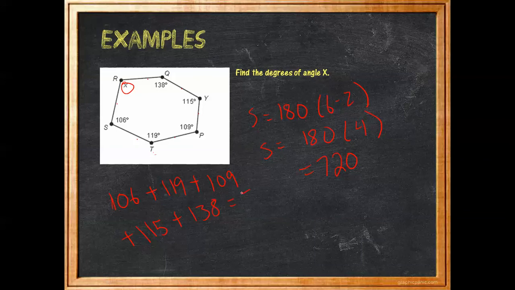And that equals 587. So we know that all of these add up to equal 587. We know that this whole polygon has to equal 720. So now we're just going to take 720 minus 587. And that is going to give us 133. So we know that x equals 133 degrees.